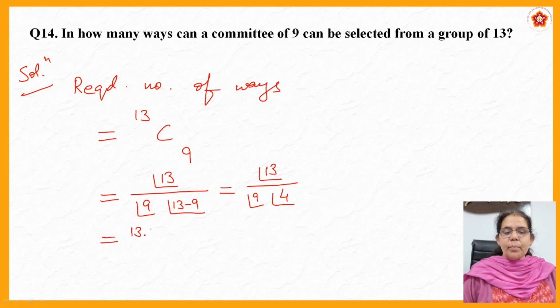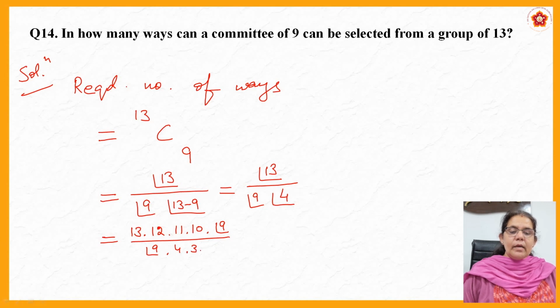So dear learners, please solve it and see what answer do you get. By now, it should be very easy for you to solve the factorial. So it is 13 into 12 into 11 into 10, and this I can write down factorial 9. Here factorial 9 only, and factorial 4 can be written as 4 into 3 into 2 into 1. So solve it. Just see what is getting cancelled.